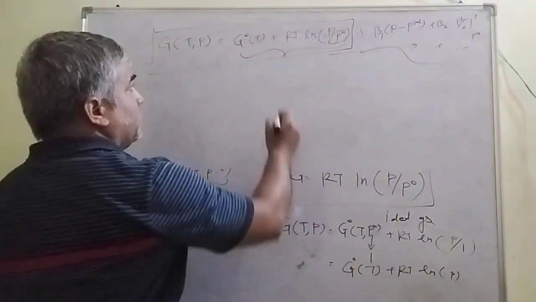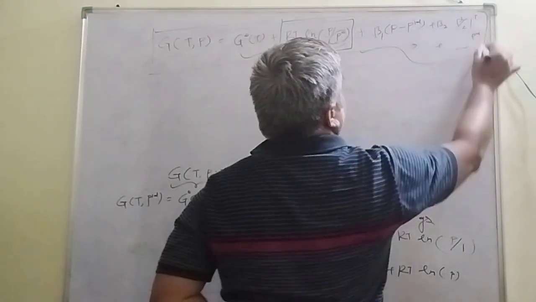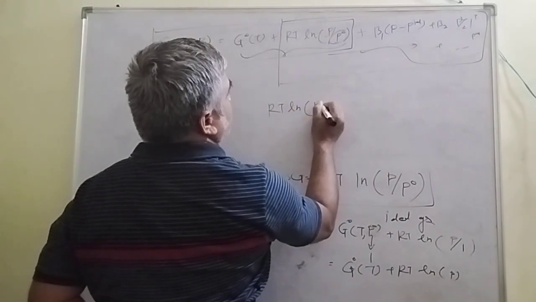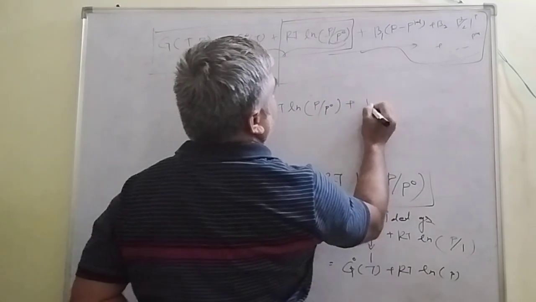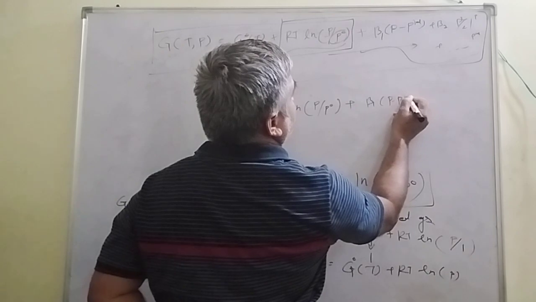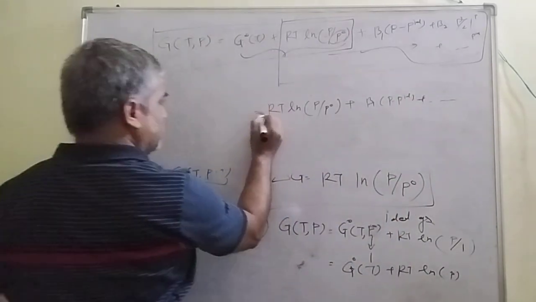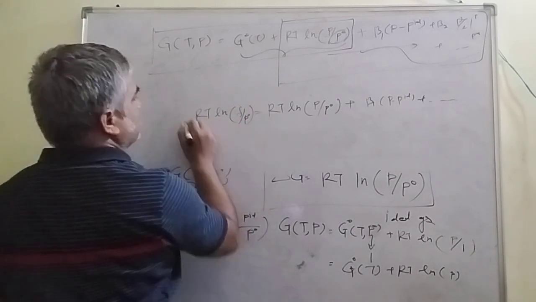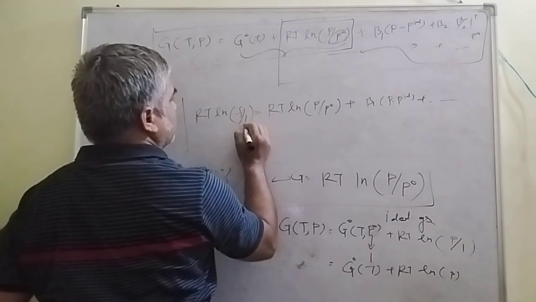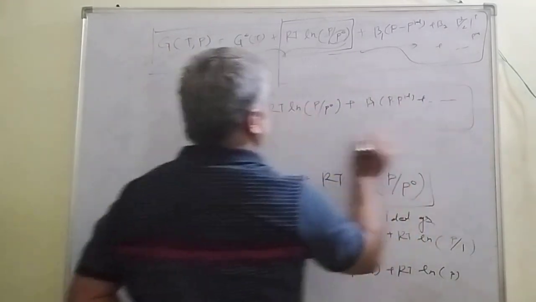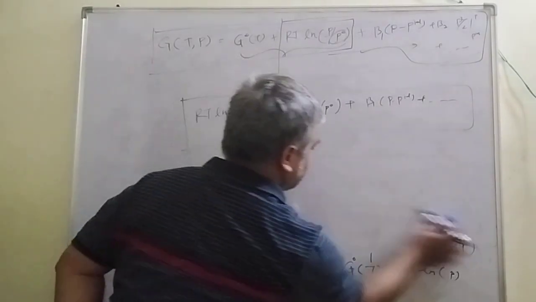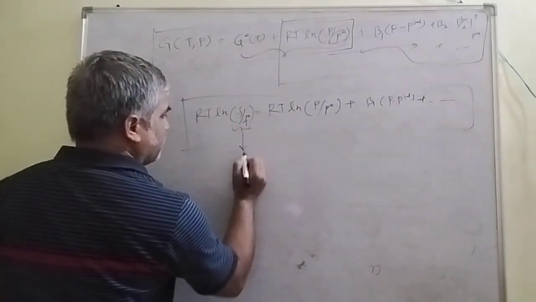So now I simply take these terms out and say that RT ln of P by P naught plus B1 times P minus P ideal plus and so on is equal to RT ln of F by P naught, or F by F naught. So this F, this term, is known as the fugacity.